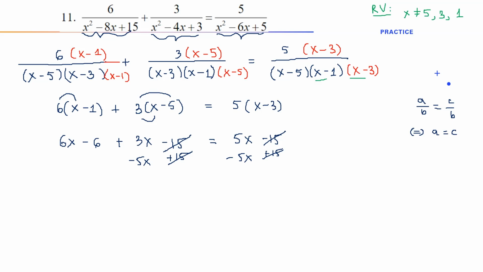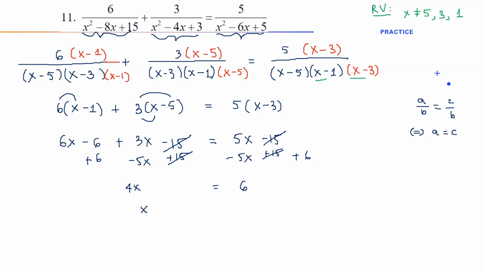We'll have 9 minus 5 is 4x, right? So that term out, we have left with -6. And we're adding 6 both sides. We got 4x equals 6.